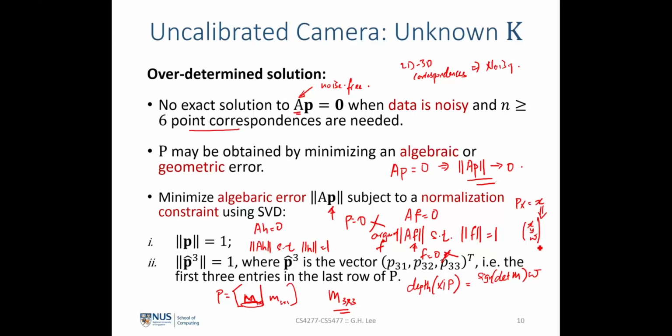So w is the scale that we are looking at in the image coordinate point, divided by T and the norm of M3.